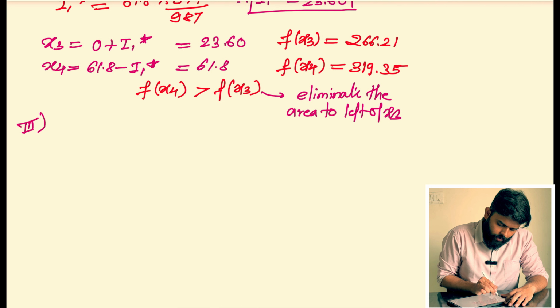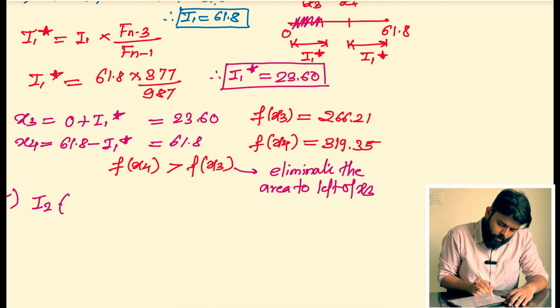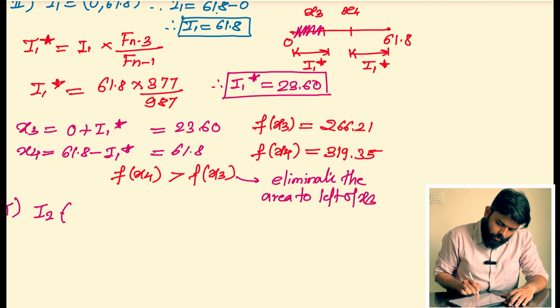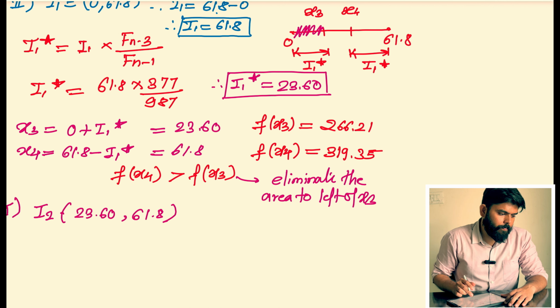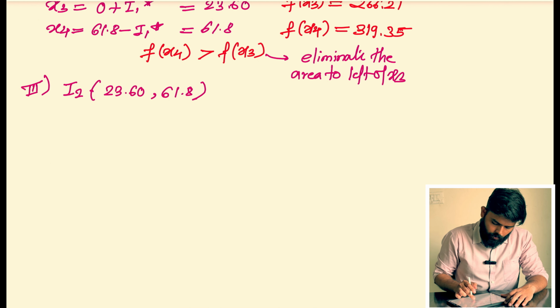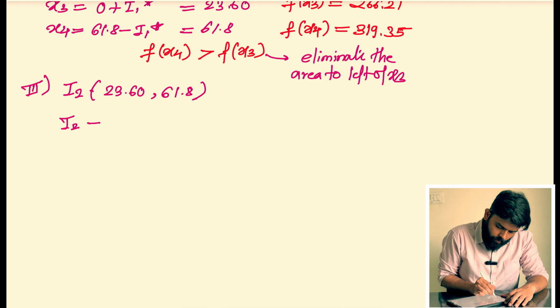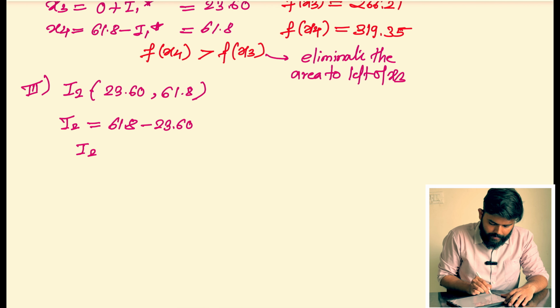So now we have the third iteration. The new interval I2 will be from 23.60 to 61.8. Similarly, I2 will be 61.8 minus 23.60.